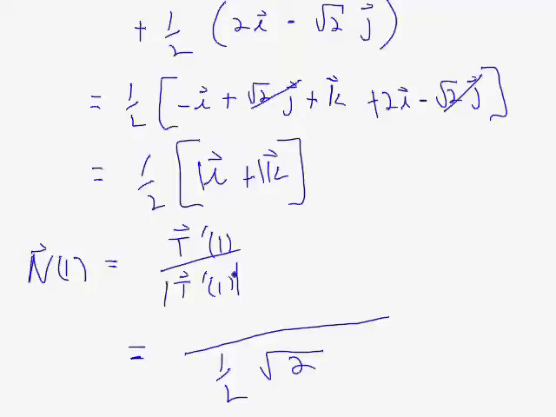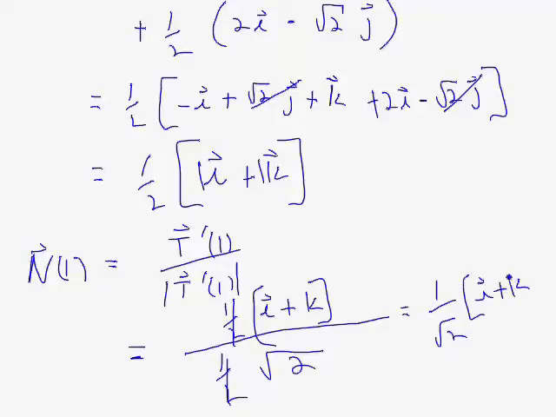And then on top we've got T prime of 1, which is 1/2 times i plus k in brackets. So the 1/2s cancel, and you're left with 1 over root 2 times i plus k for N of 1.